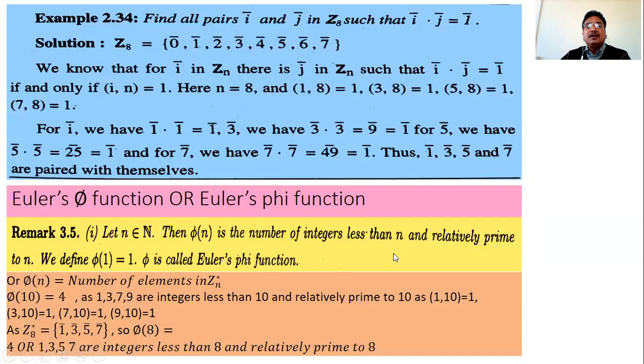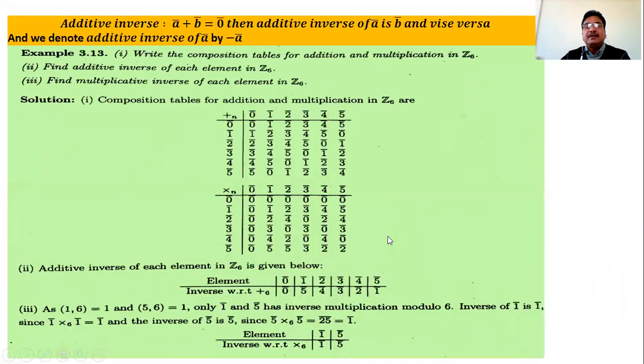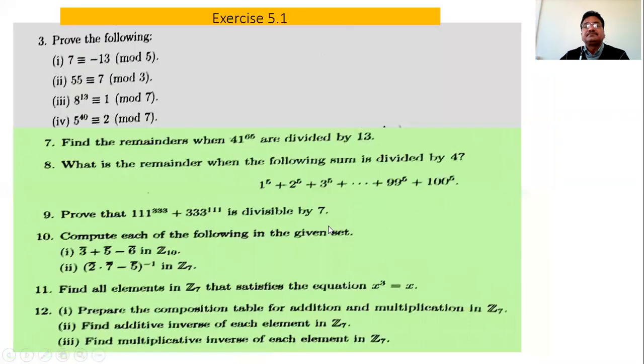So here is the additive inverse of each element: minus 3 bar is 3 bar, minus 4 bar is 2 bar, minus 5 bar is 1 bar. Note the notation for additive inverse and the notation for multiplicative inverse. The additive inverse of each element exists in Zn, but the multiplicative inverse exists only if the greatest common divisor is 1.